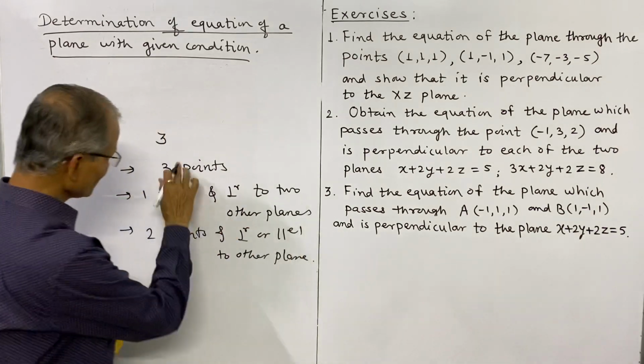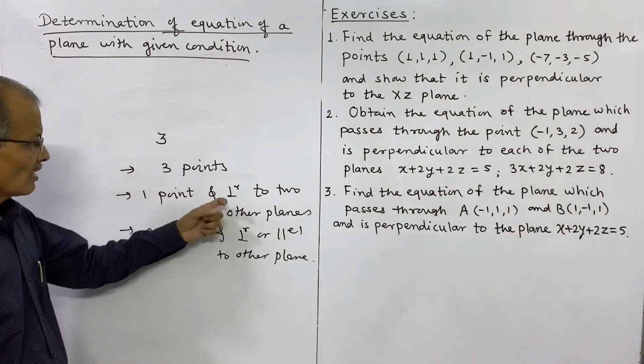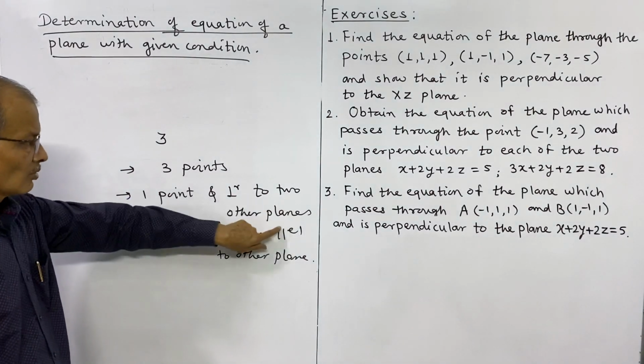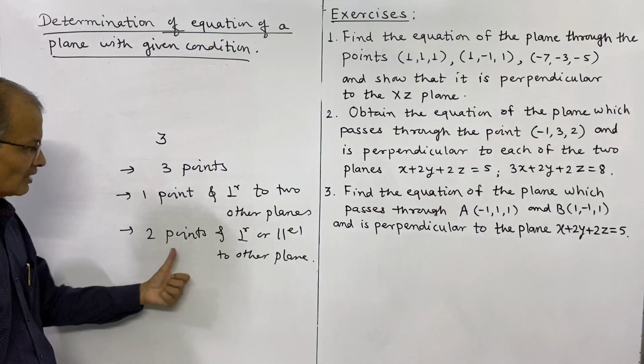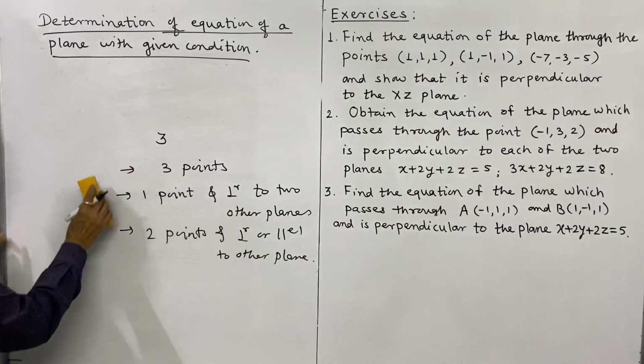So in all, every type there will be 3 conditions, either 3 points or 1 point and perpendicular, here 2 conditions, here 1 condition, and thus 3 conditions will be given.